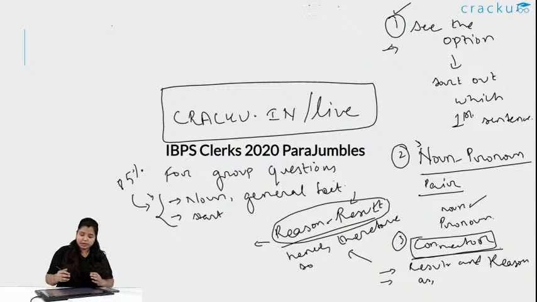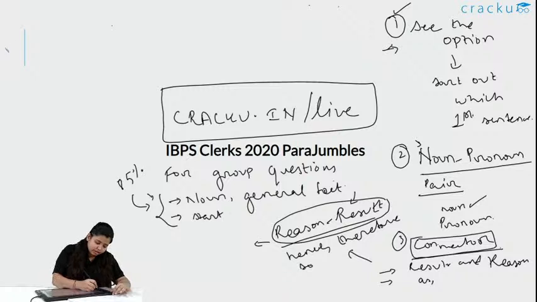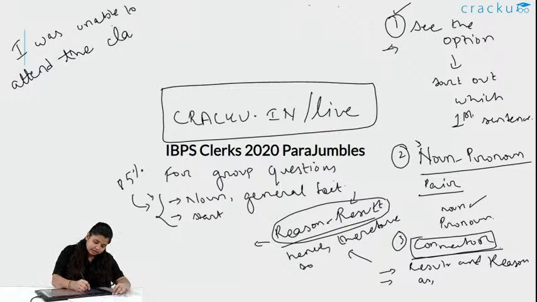We will be doing the questions. First, let us see what is reason and result. Let us take an example. I was unable to attend the class today.